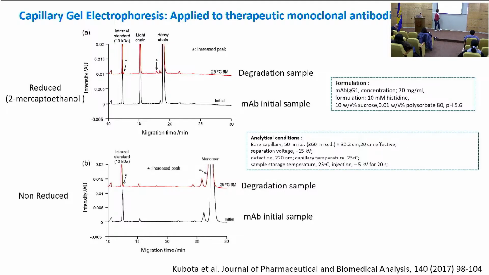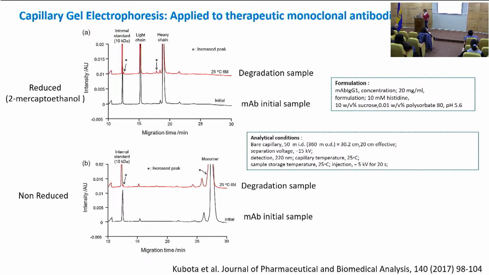So that highlights the fact that you have to carefully study your protocol, and here you can see that by reducing the mAb, you can highlight more easily the degraded part of the mAb. But it's also all the time a compromise, because we know that the reduction of the mAb could also induce a degradation.